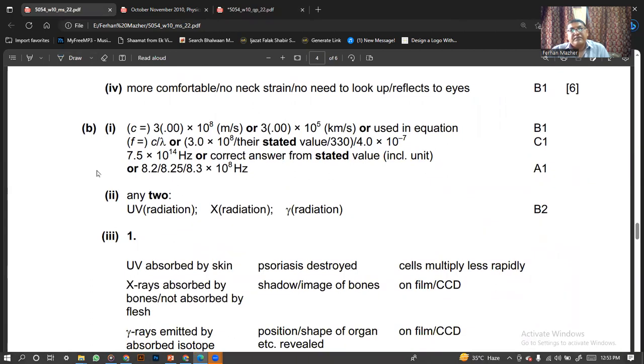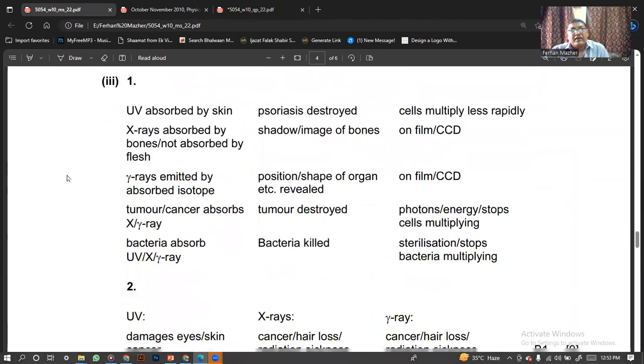So here we have, if you say UV, X-rays absorbed by bones, not absorbed by flesh. So you can make a shadow or image of the bones on a photographic film or CCD.